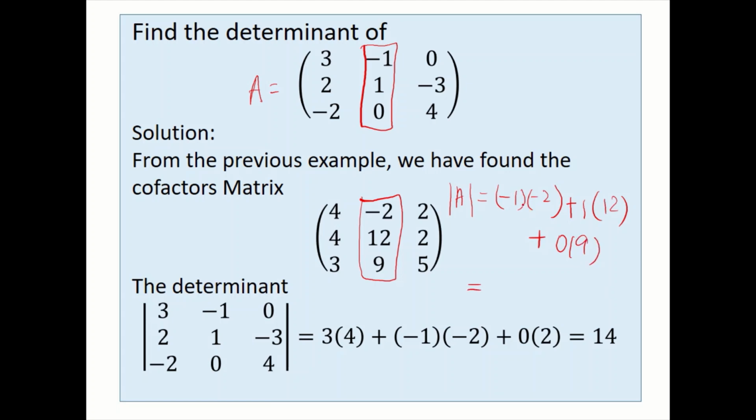So this is 2 plus 12, 14, and this is 9. So we have again 14. I just want to show you that regardless of which row or which column you choose, if you use the correct method, you will get the same answer. So choose the smallest numbers, and those with 0, to perform your calculation.